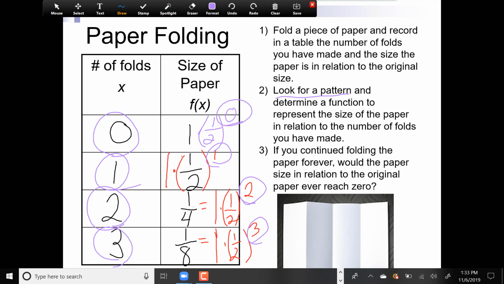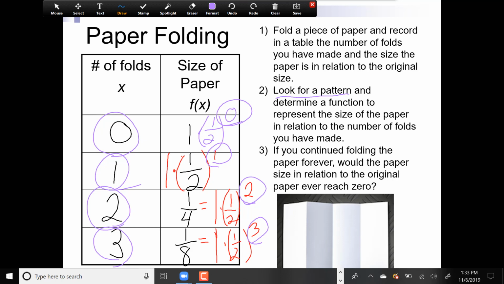The other one had a 2, which is a bigger number than 1. This has a 1/2, which is less than 1, but still bigger than 0. We don't do the negatives because then things get weird. And since this is less than 1 but bigger than 0, what's happening is rather than growing, our paper is getting smaller and it's decaying. Radioactive decay, things like that, will have similar equations that we'll look at later.